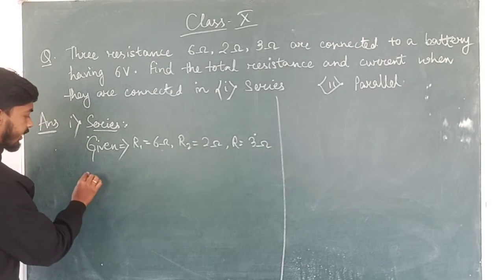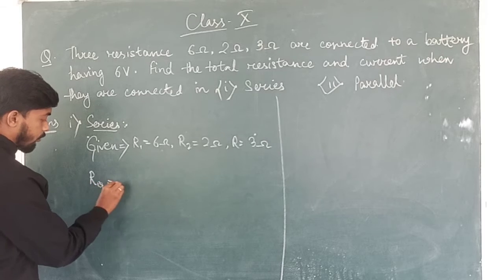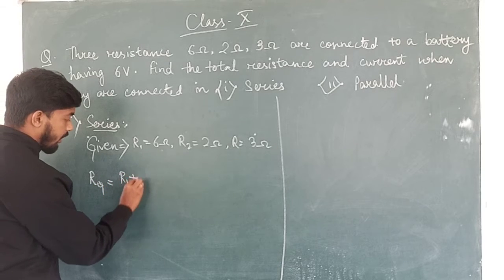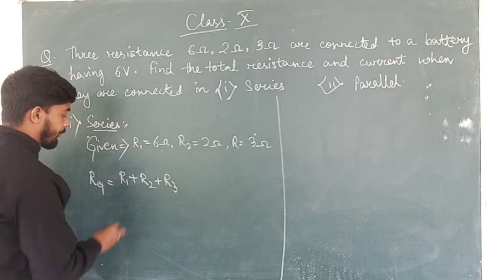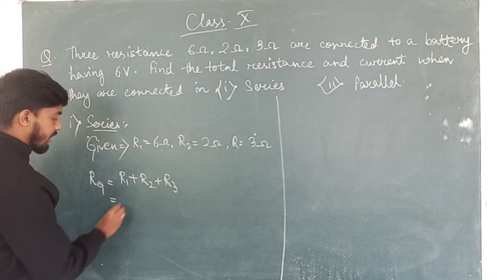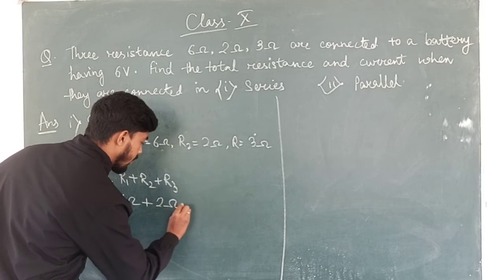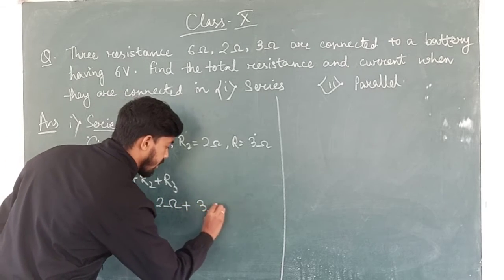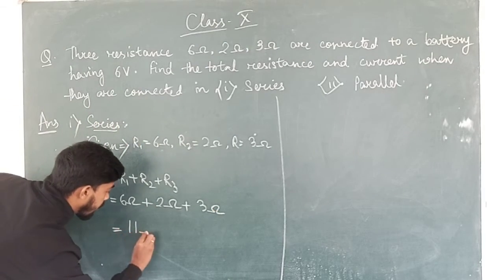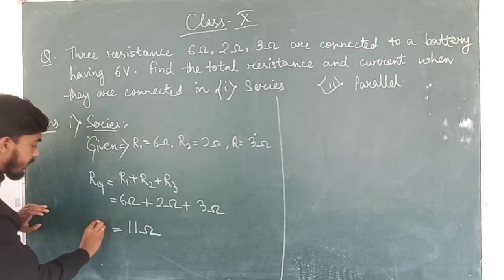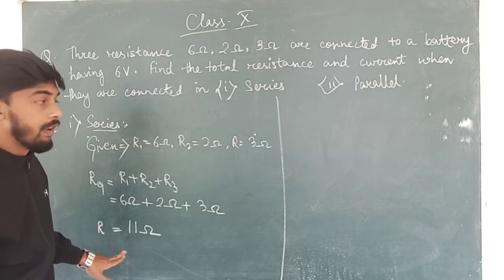So the total resistance, that is R equivalent, is equal to R1 plus R2 plus R3, and here R1 is given as 6, R2 is 2 and R3 is 3, and totally we get 11 ohm. This is the total resistance of the circuit, which is 11 ohm.